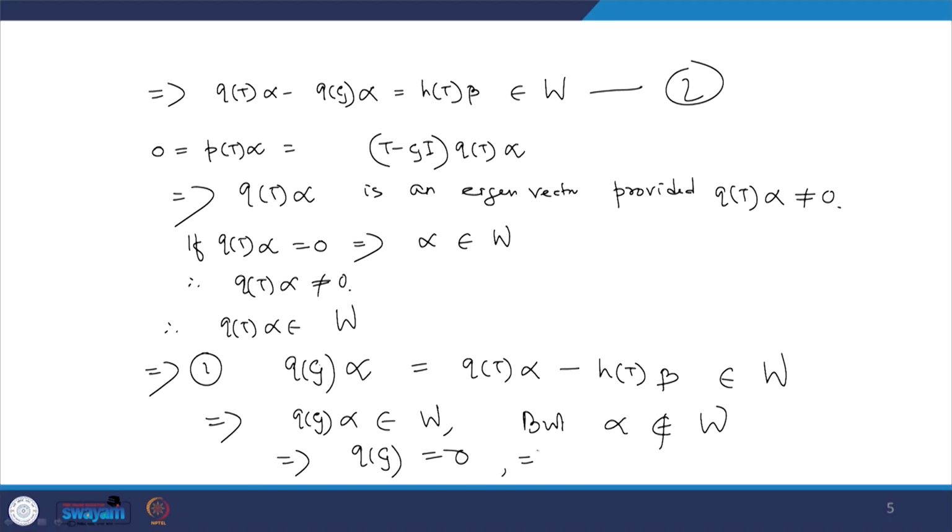So this implies x minus Cj must divide Qx, which is not possible, because Qx is basically the part of the minimal polynomial P excluding the factor x minus Cj, and the minimal polynomial P has only factors of degree 1.